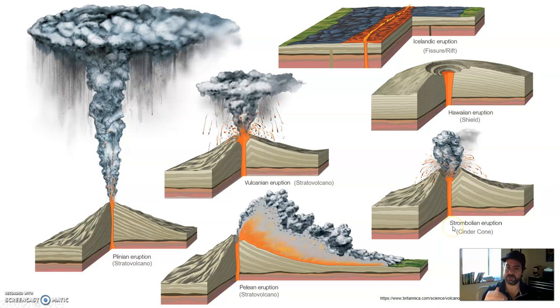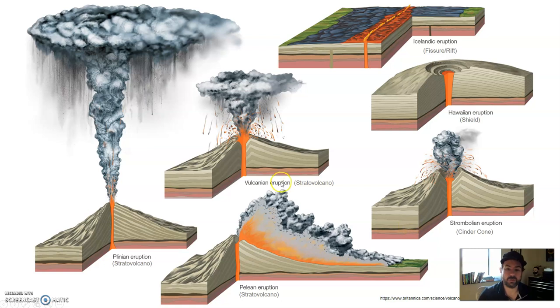So then you start to get into the intermediate and acidic magma and lava, kind of medium silica content, medium viscosity, medium volatile, medium explosivity. In some ways, it will form small little cinder cone volcanoes, which have a Strombolian eruption typically.